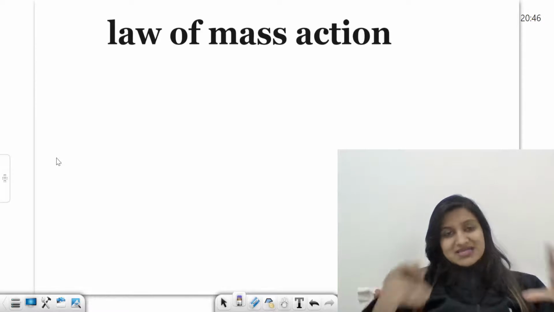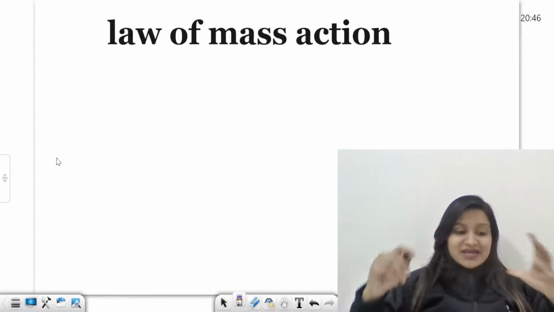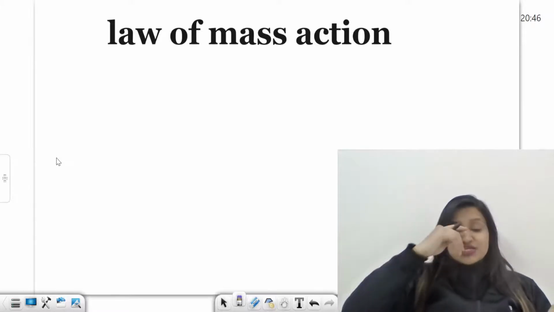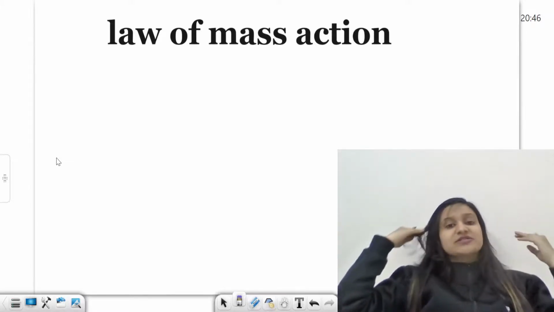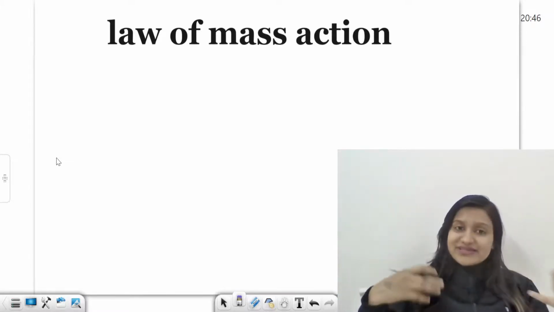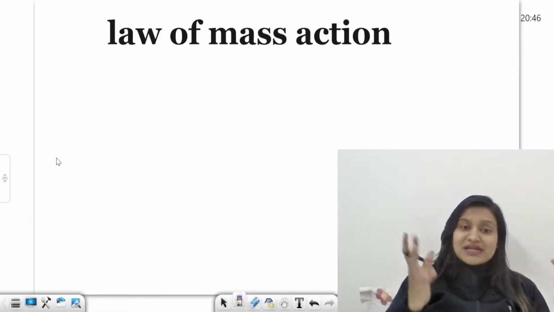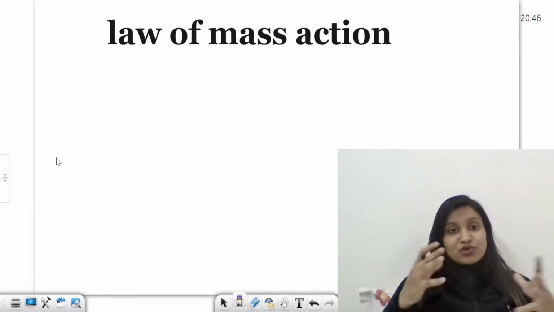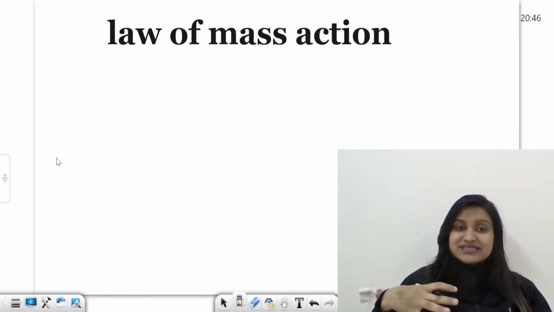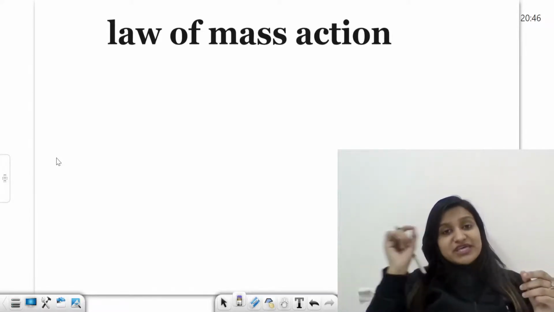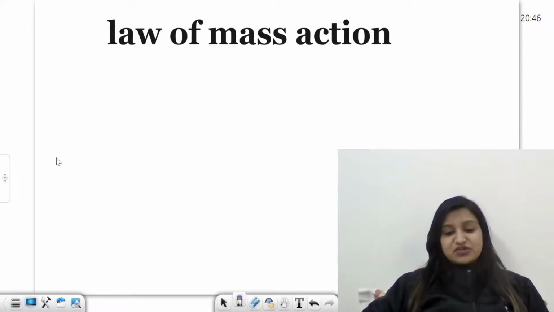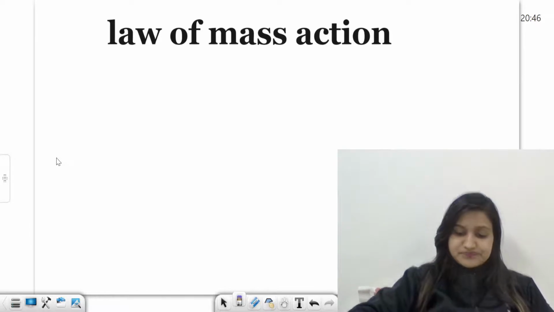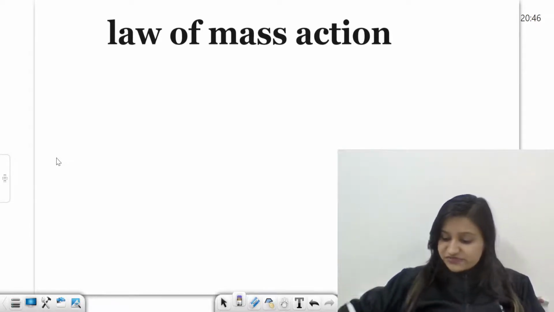The law of mass action says that the rate of reaction is directly proportional to the multiplication of the molar concentrations of the reactants raised to the power equal to their stoichiometric coefficients. Let's write the definition first.